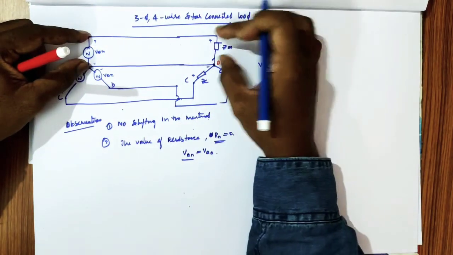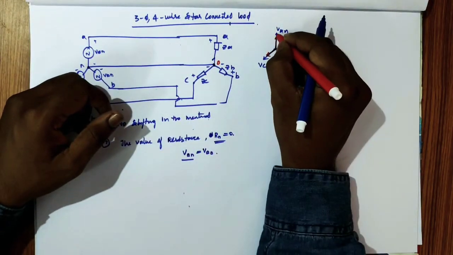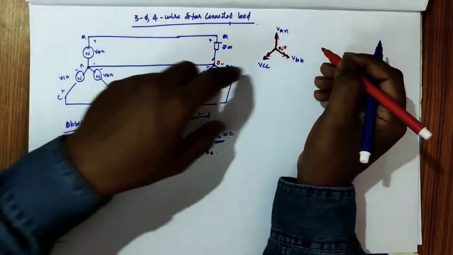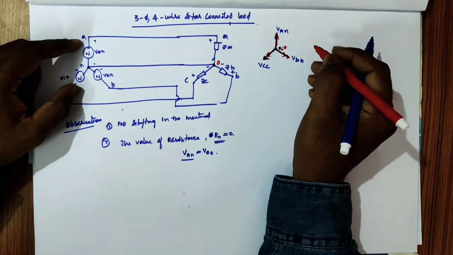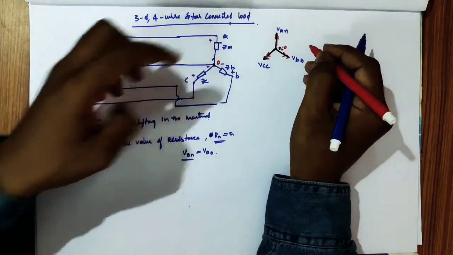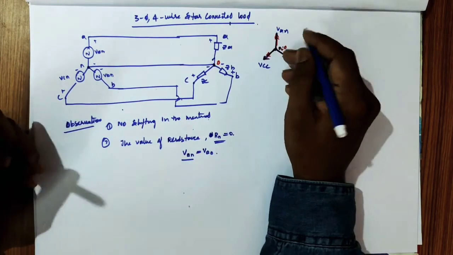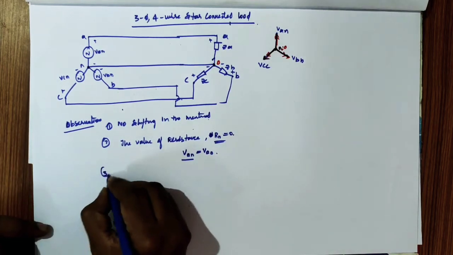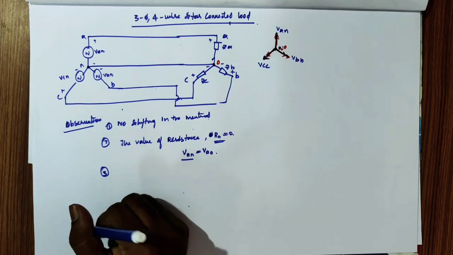The phase voltages will be equal. That means you will obtain exact magnitudes of the source phase voltages and the load phase voltages. So both are equal with no phase shift of neutrals.